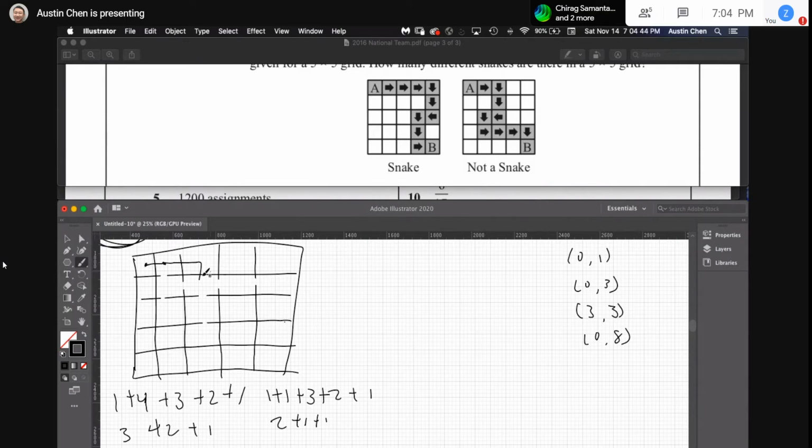Okay. So what happens if we go down on the fourth column? Well, if we go down on the fourth column, we can go right or down. Let's just look at if we go down for now. So if we go down, we could go left and come down to any one of these fourth row squares, right?